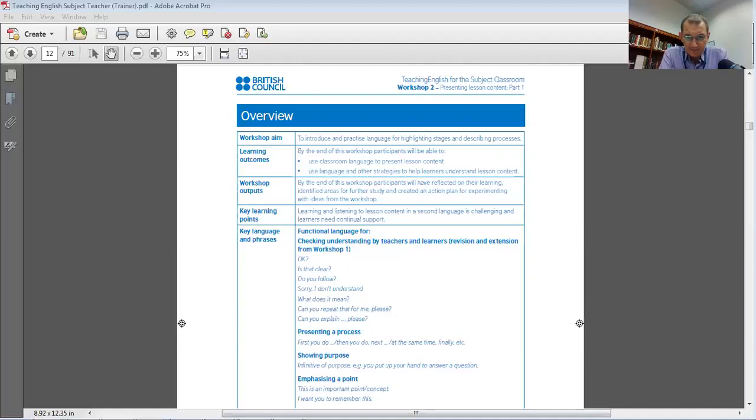By the end, they will have reflected on their learning, identified areas for further study, and created an action plan. So, same as last workshop, they will create an action plan where they will take ownership of experimenting with ideas from this workshop.